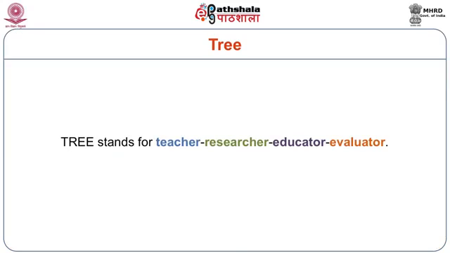A very important word used in a different sense is TREE, T-R-E-E, all caps, because TREE stands for Teacher, Researcher, Educator, Evaluator. When a teacher thinks of doing the research work, he should be TREE.